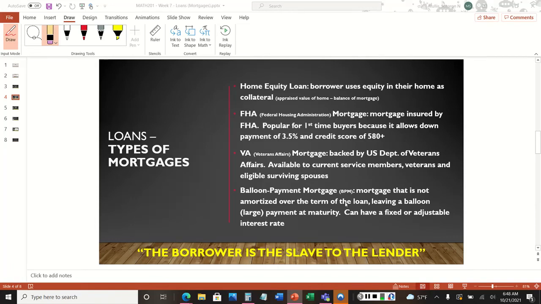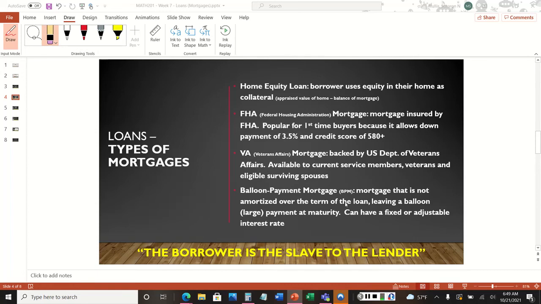So this is popular for first-time buyers because it allows them to put down a down payment of 3.5% of whatever the purchase price is, and their credit score doesn't have to be as good to get this loan. So you could have a credit score as low as 550 points, and you would still be able to get this type of mortgage.